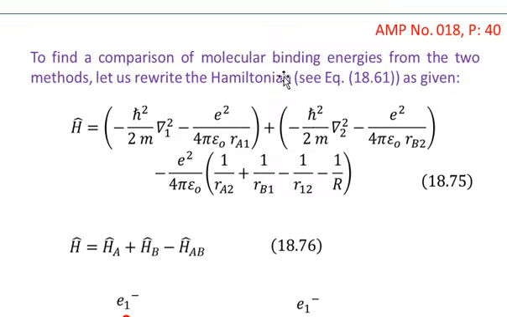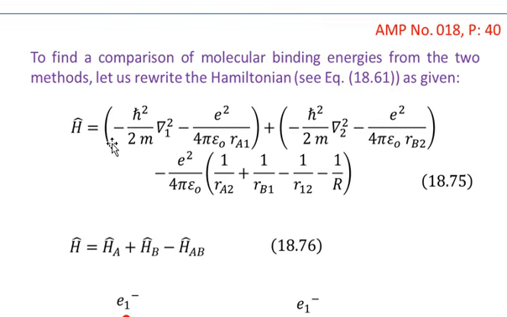To find a comparison of the molecular binding energies from the two methods, let's rewrite the Hamiltonian. And this is also given in equation number 61. So I am rewriting from equation number 61 the Hamiltonian in the following form.